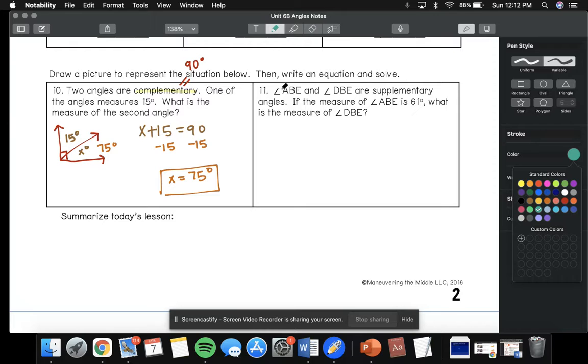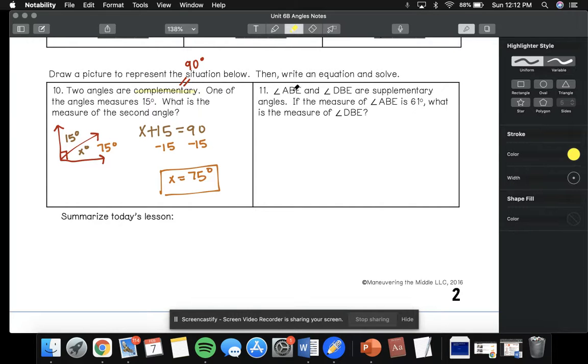All right. Angle ABE and angle DBE are supplementary. So I know that they are supplementary. Just knowing based off of that, supplementary should be 180 degrees. So I'm going to draw this picture. So angle ABE. And angle DBE.